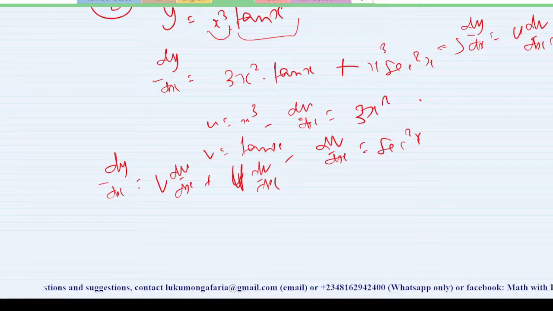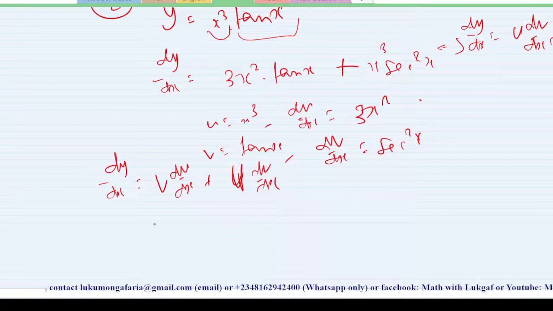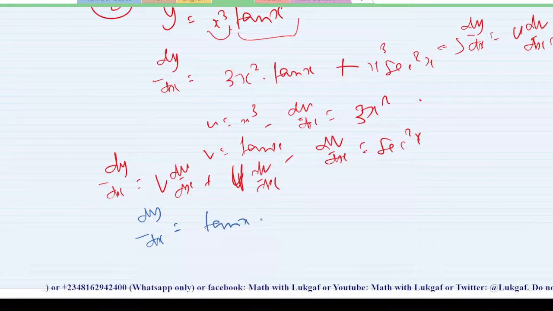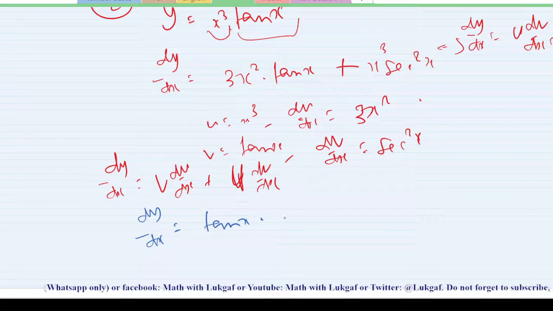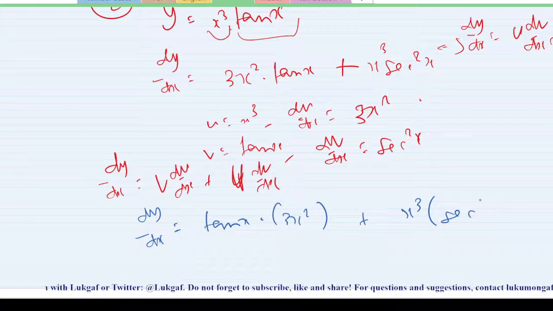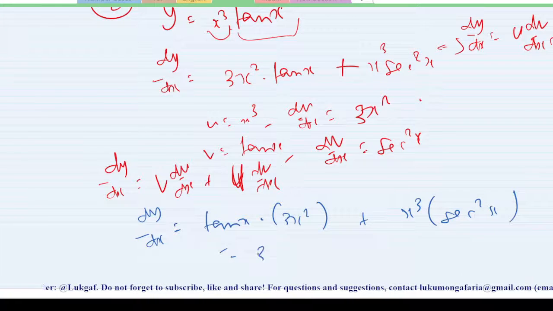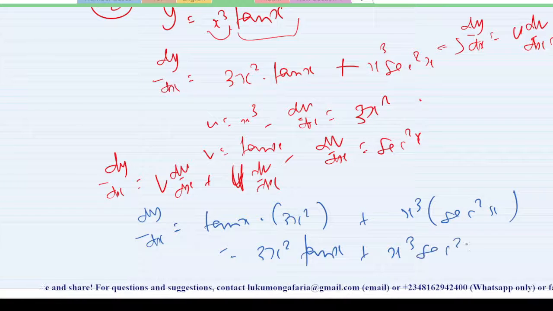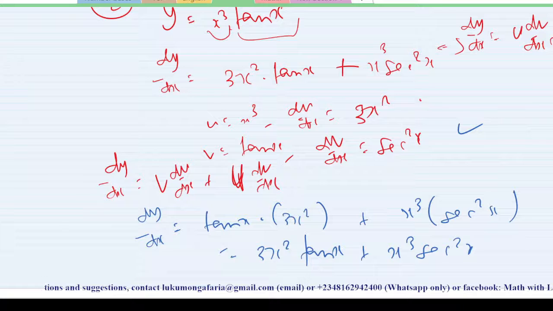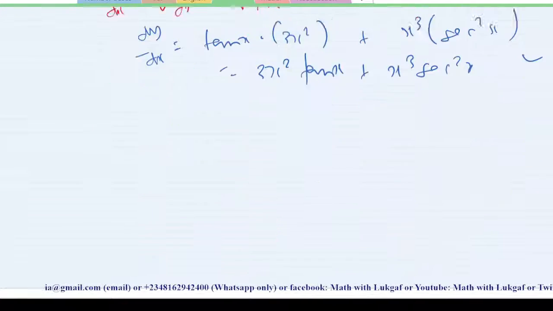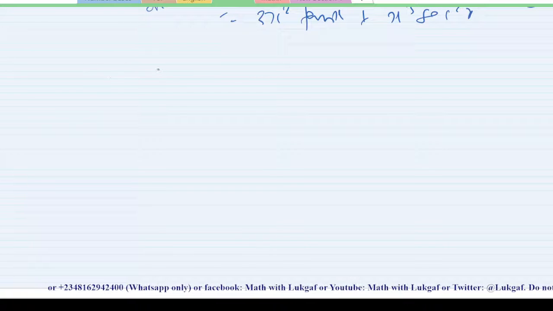Then if you do the substitution, I'm going to have that my dy dx is equal to, what is my v? Tan x. What is my du dx? That is 3x squared. Then plus u, that is x cubed, dv dx is sec squared x. If you check it very well, you know it is the same thing as what I've done before. Very simple.